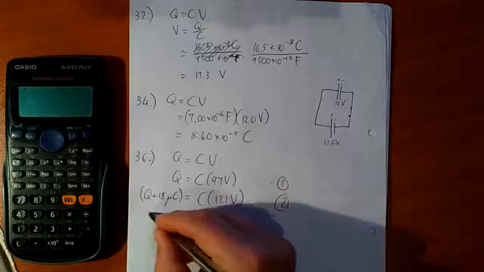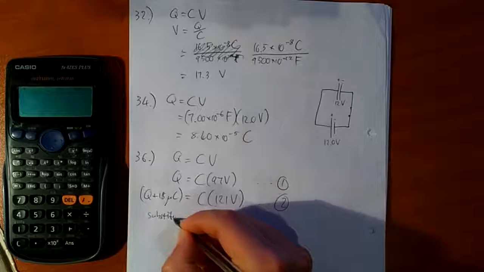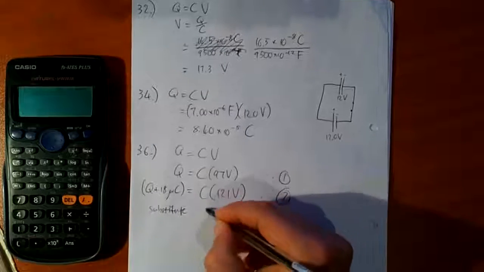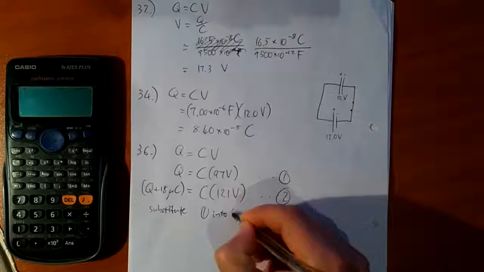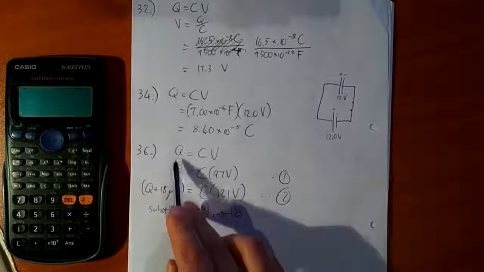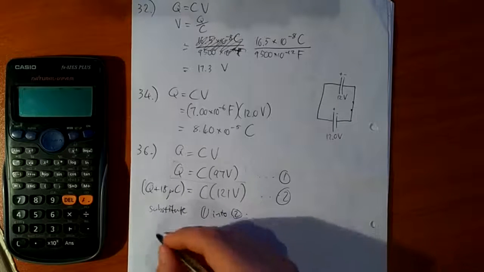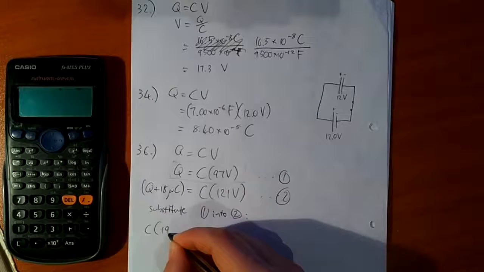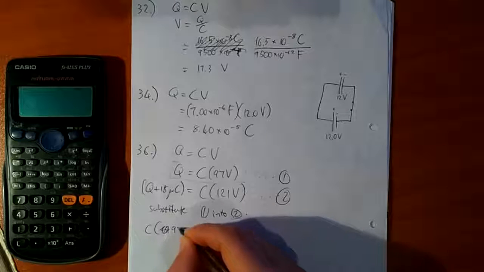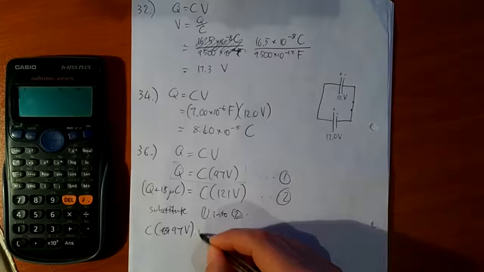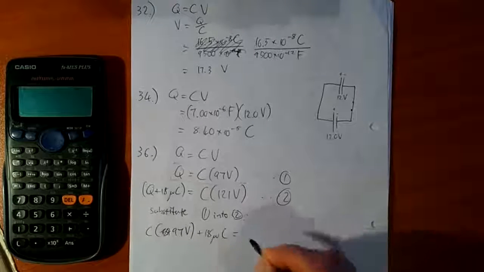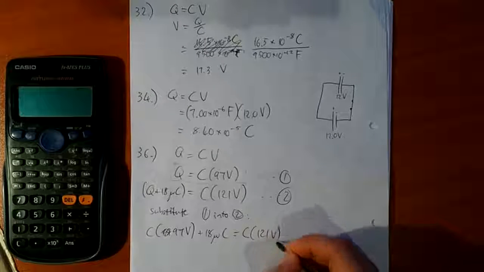And now we substitute 1 into 2, and then what do we get? There's Q equal to that much. I plug that in there, so then I get C times 97 volts plus 18 microcoulombs is equal to C times 121 volts.